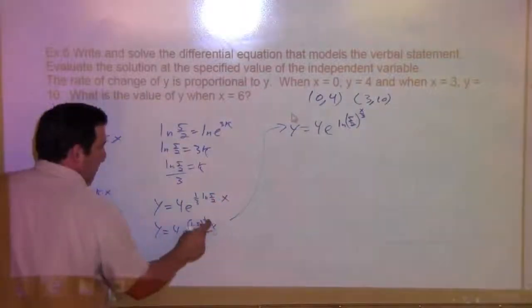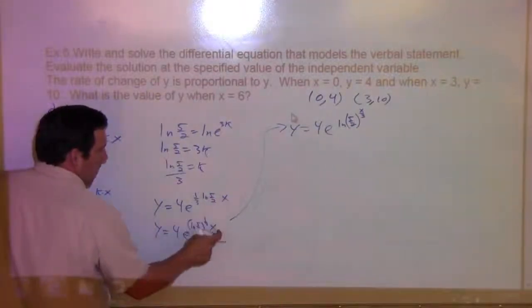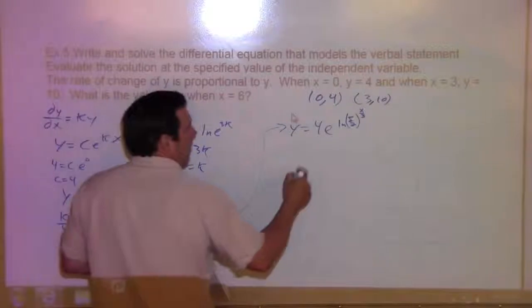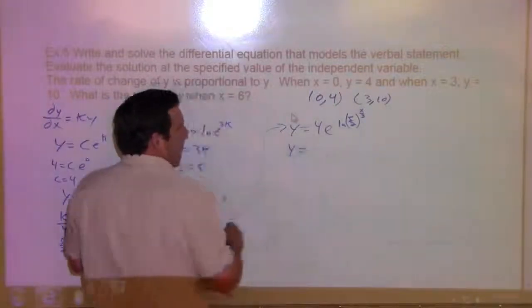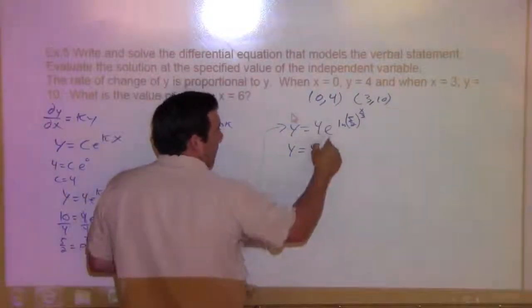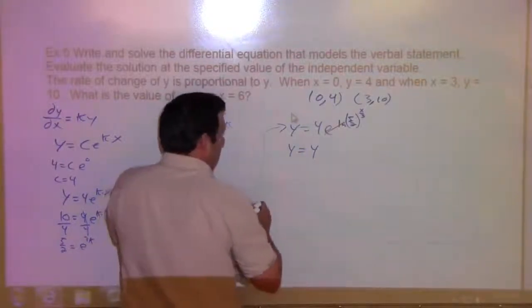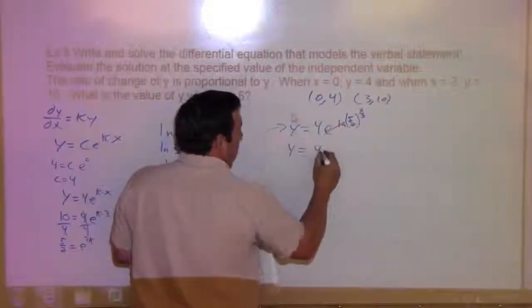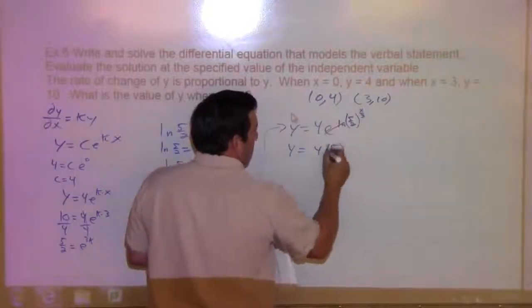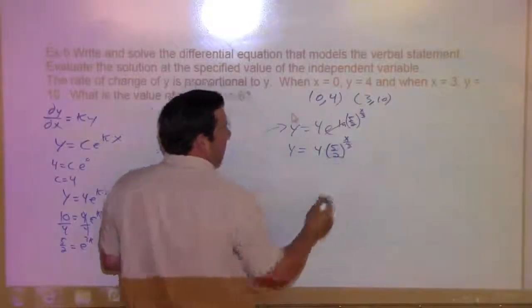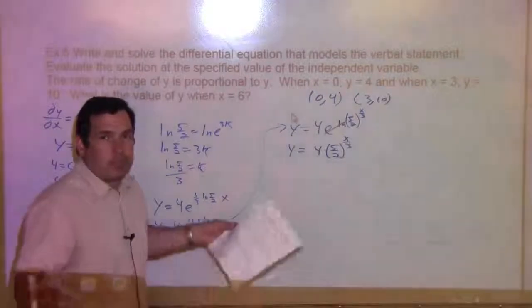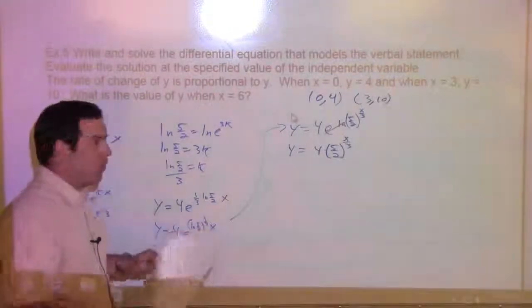Why x over 3? Because it was 1/3 x. You can make that x a power as well. What this has the benefit of doing is e and natural log cancel, and you have 4 times 5 halves to the x over 3. No more e's. It's kind of interesting.